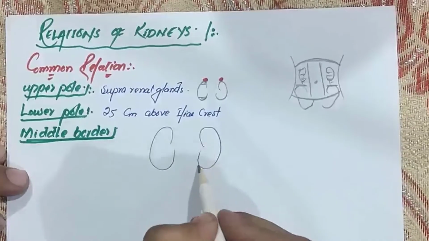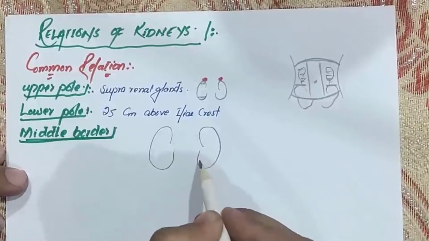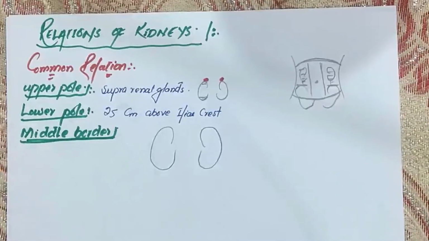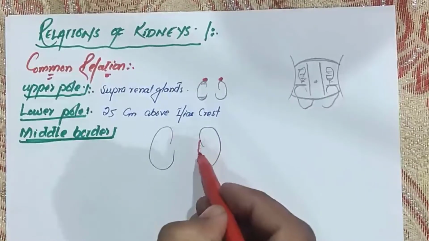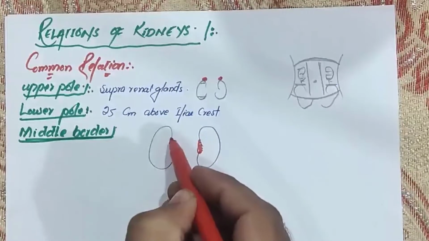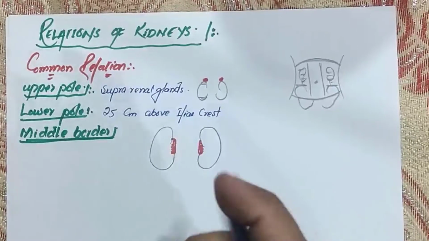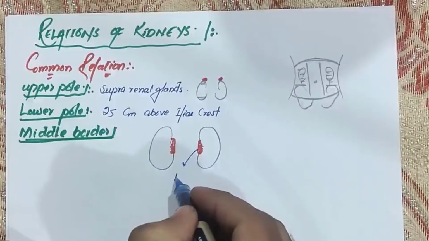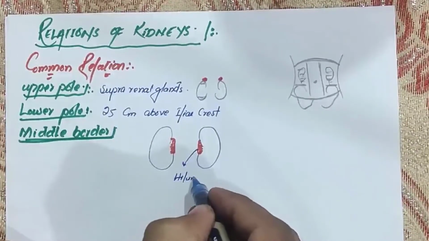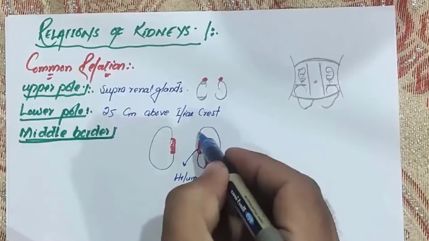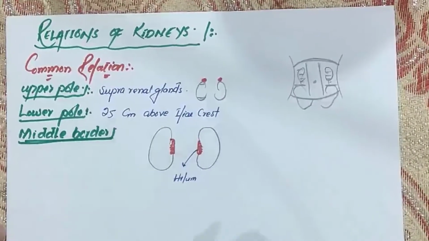So this is the medial border of both kidneys. For the medial border relations, look, this is the renal hilum, and this is also the renal hilum. Let me name it here: this is hilum. So above the hilum is the medial border, and below the hilum is the medial border.